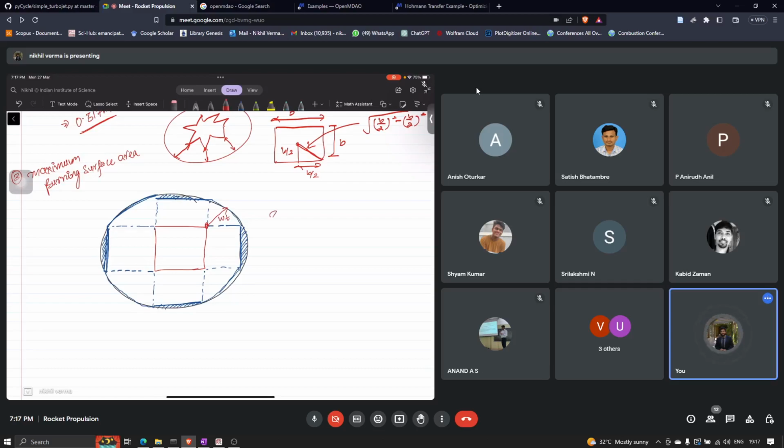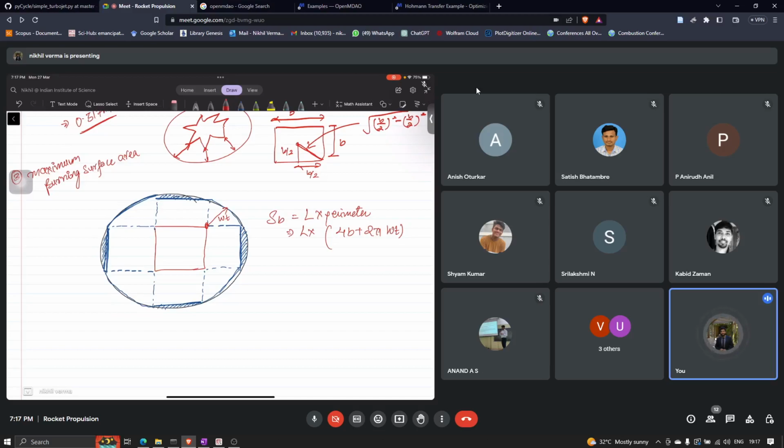So the surface area will be equal to the length into the perimeter, right? Whatever perimeter that is left at the burnout. So if you calculate the perimeter, you will get 4b plus 2 pi into the web thickness, right?